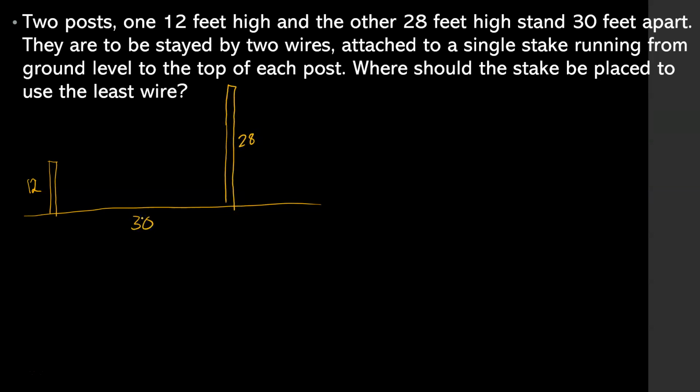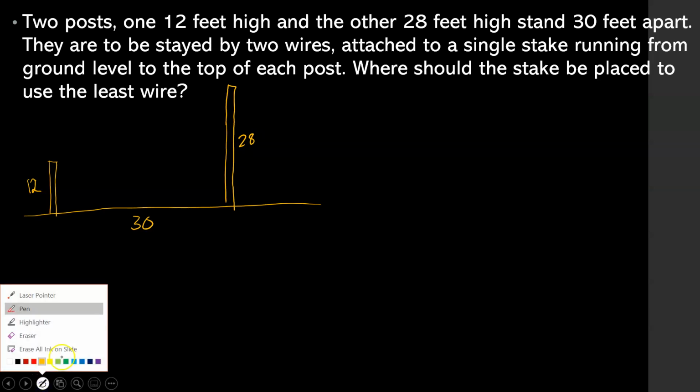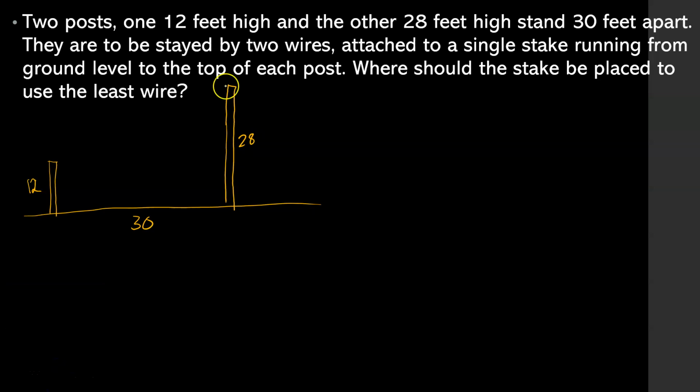They are to be stayed by two wires attached to a single stake running from ground level to the top of each post. I know what stakes are. If you've ever seen wires attached to telephone poles into the ground so they don't sway, that's what we're talking about. Where should the stake be placed to use the least wire?